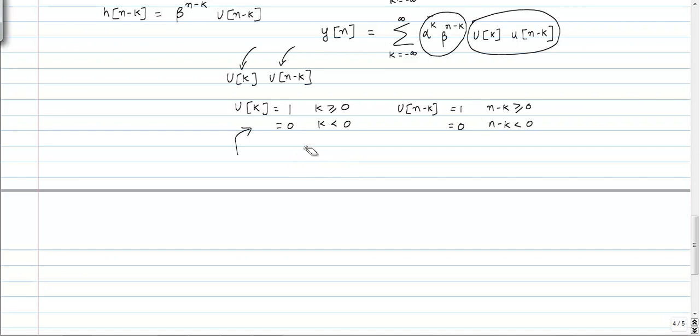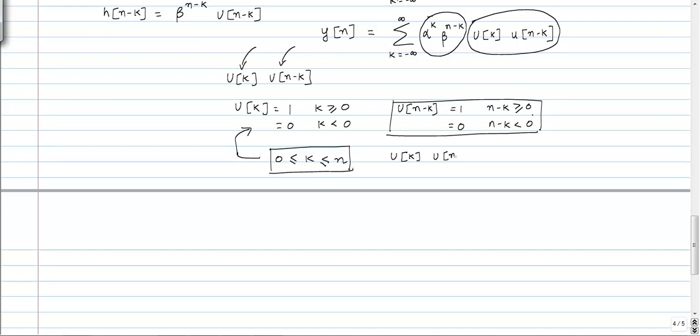So we want 0 to be less than or equal to k, which I get from here, and from here we get that k needs to be less than or equal to n. Only for these values of k is the function u of k times u of n minus k non-zero and given by 1. Otherwise, for all other values of k, this is 0.